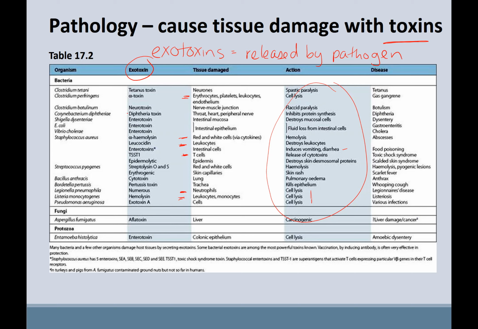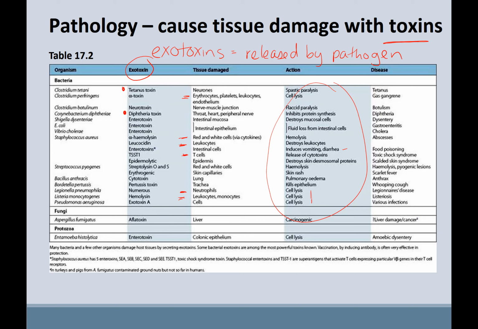Diphtheria right here, and tetanus. Remember, we actually have vaccines against both of those kinds of toxins. So we can prevent some of the damage done by making a vaccine to the toxins.